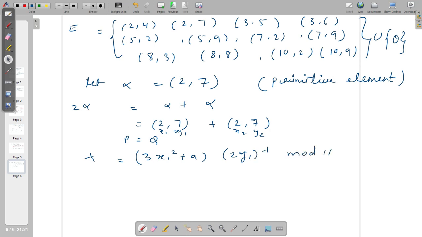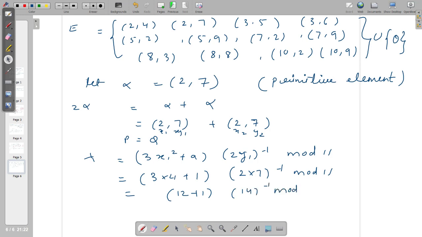The value of a is 1, and we put the value of x1 and y1. So 3 into 4, x1 is 2, plus 1, 2 into 7 inverse mod 11. So here it will be 12 plus 1, 13, and it will be 14 inverse mod 11. So we can write this as 13 and 14 inverse, which means 3 inverse mod 11.